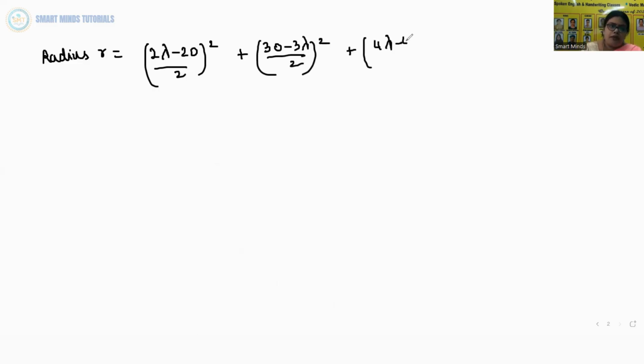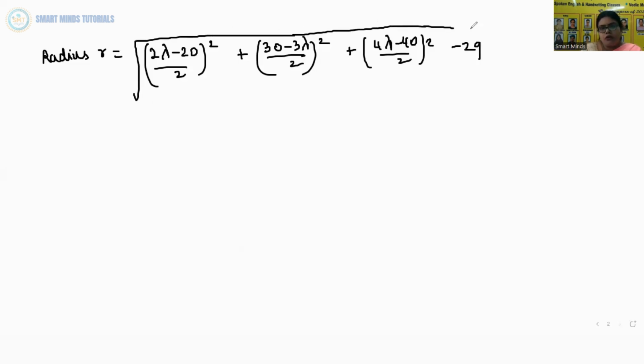So radius is 2 lambda minus 20 by 2 whole square plus 30 minus 3 lambda by 2 whole square plus 4 lambda minus 40 by 2 whole square minus 29 under root.